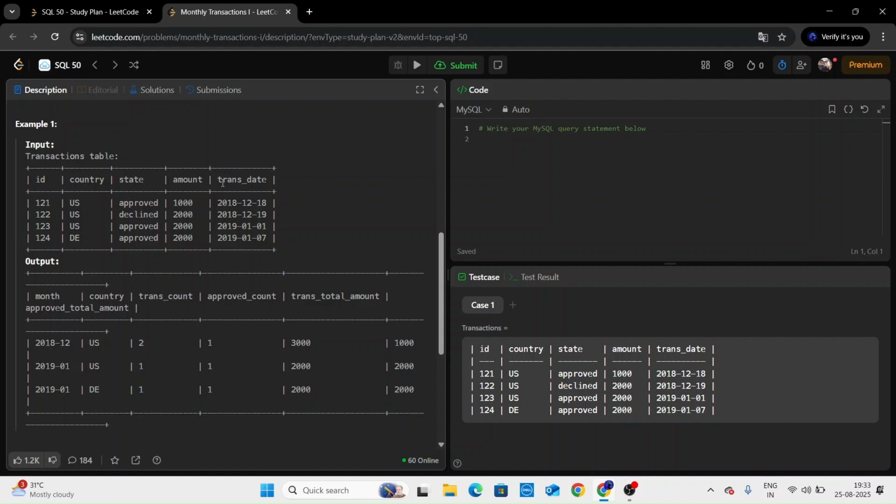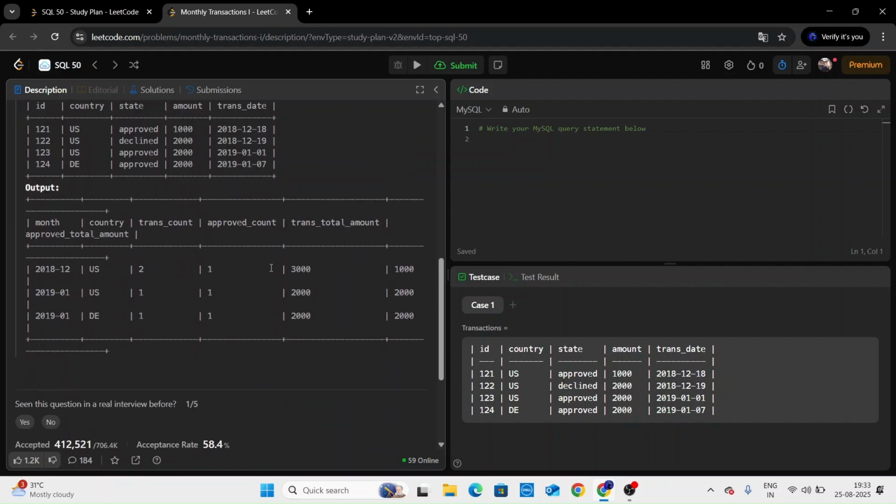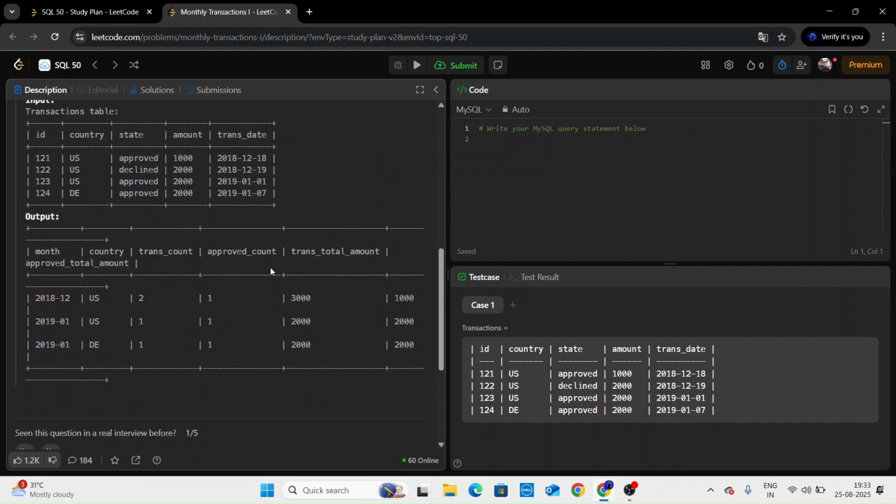Dates means based on the month. So the year and month need to be the same. To be honest, I have absolutely no idea how to solve this problem.